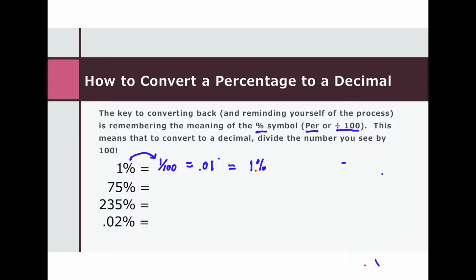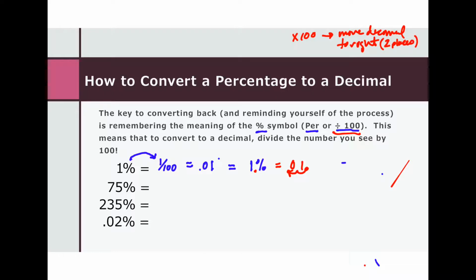Notice that in practicality, I took the 1% and had a decimal after the 1, and when we divided by 100, we ended up moving the decimal back 2 spots. When we multiply by 100, we move the decimal to the right 2 places.